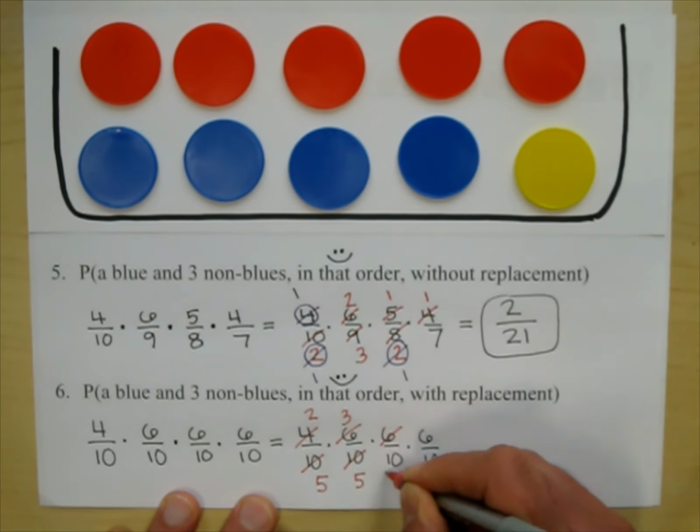Take the blue out with replacement. Put the blue back in. What's the probability I pull a blue out of that box for the second blue? It would be 4/10. So let's write this down again to be redundant. 4/10 times 4/10. We can reduce each of these. 2/5, 2/5. Nothing else cancels, so I end up getting for my final answer 4 out of 25.